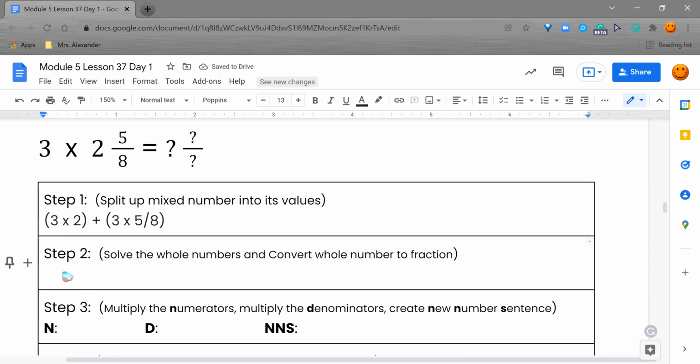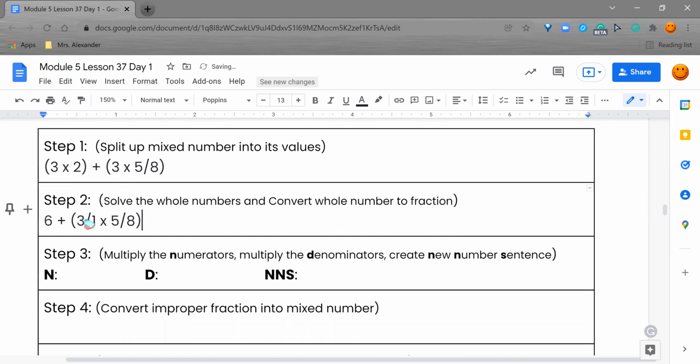So now we're going to solve it. 3 times 2 is 6, and now we're going to add 3 times 5/8. But remember, we've got to convert that whole number into a fraction. So I'm going to put it over 1 and multiply it by 5/8. Hit backspace. And now that we're there, we're going to take our numerators and multiply them together.